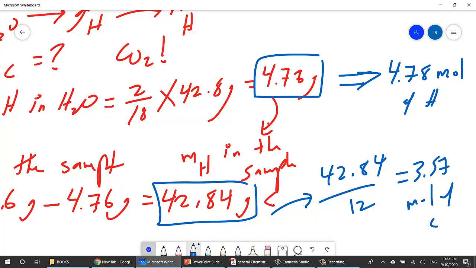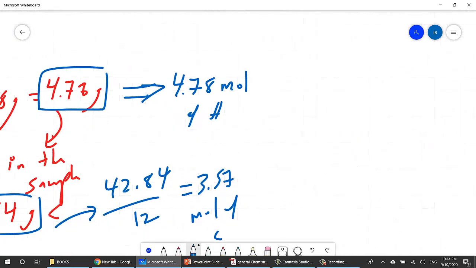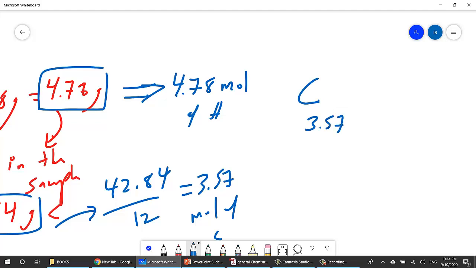That's good. Then you say that's going to be C 3.57 H 4.78. That does not look like a good empirical formula. You cannot, of course, round here. You have to divide by the smallest subscript, which is 3.57 in this case.